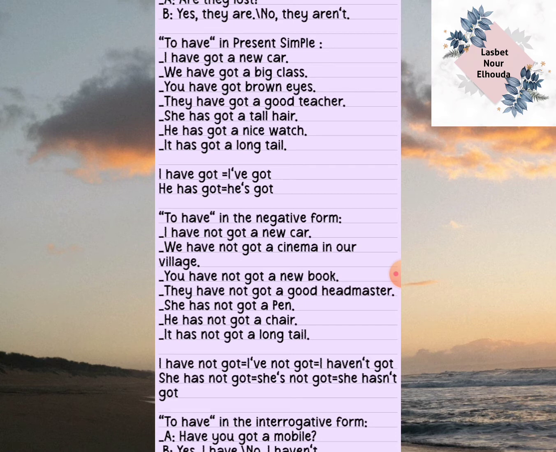We have got a big class. You have got brown eyes. They have got a good teacher. She has got tall hair. He has got a nice watch. It has got a long tail. We use have with I, we, you, they.